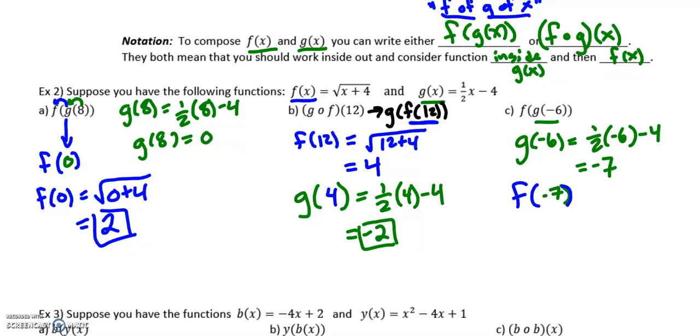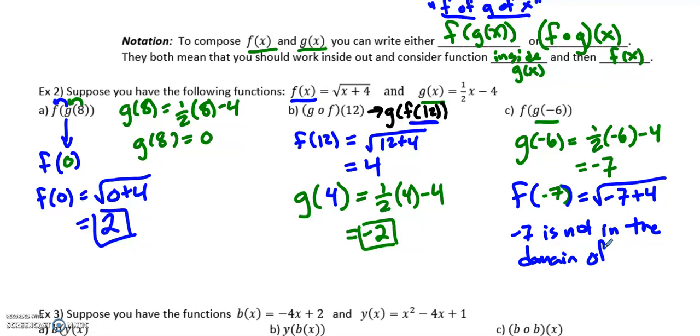That's going to equal the square root of -7 plus 4. I run into an issue here. I get an imaginary as part of my solution because of the square root of the negative. So I'm just going to say -7 is not in the domain of f of x. And we know its domain is -4 and up if we were to solve that.